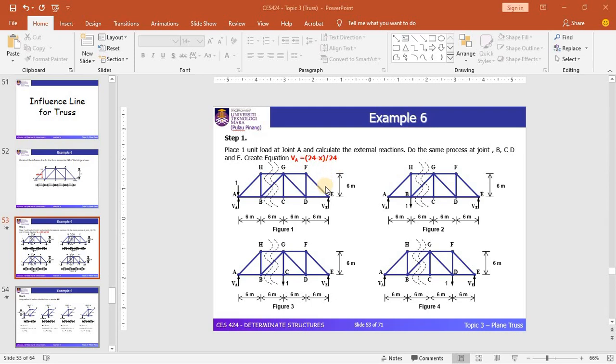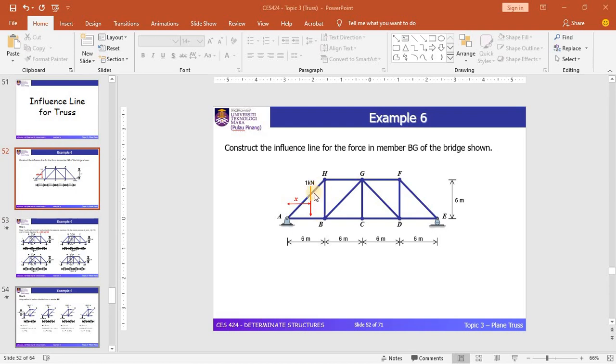You can place the 1 unit load on the truss structure, and you can put the distance between this 1 unit load and point A, where point A is our starting point, as x.